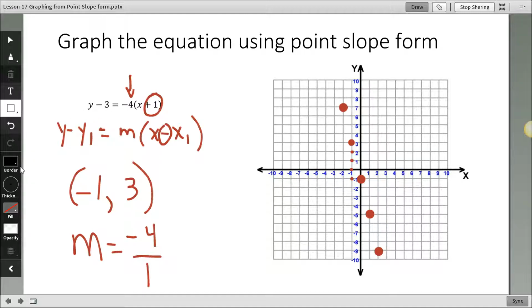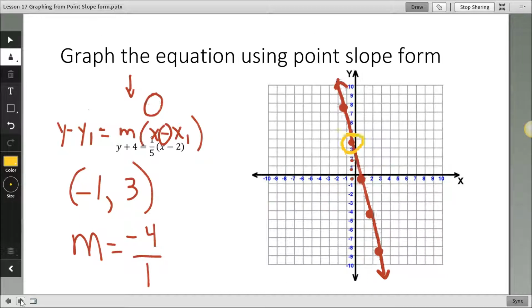All right, so we're going to draw a line here. Hopefully we can draw it right through those points. And that's the graph that we're looking for. So this was my initial point. And then all those other points were points I used by using the slope.